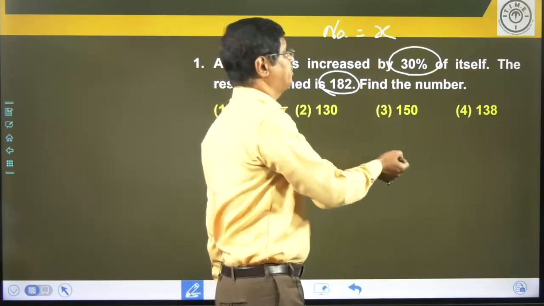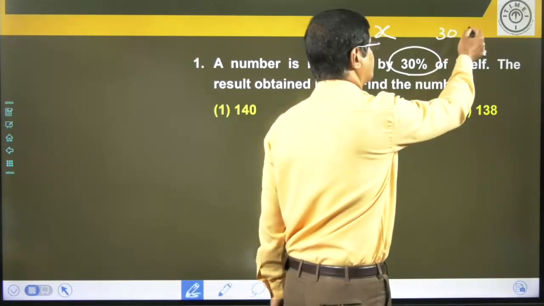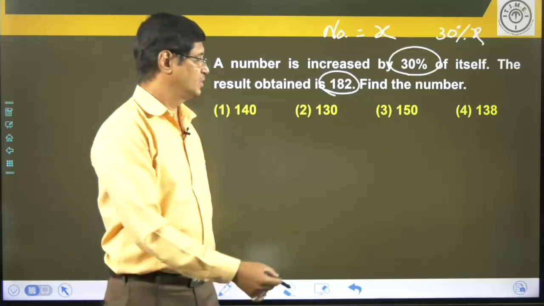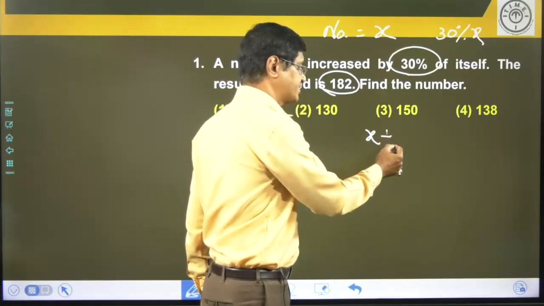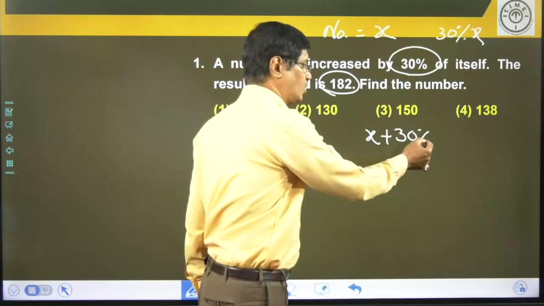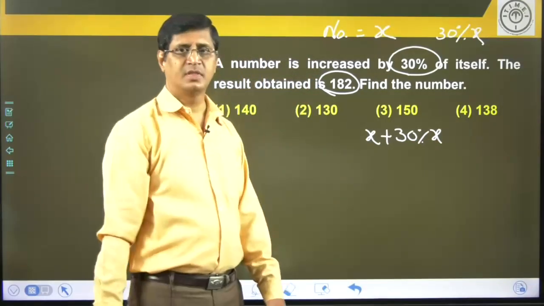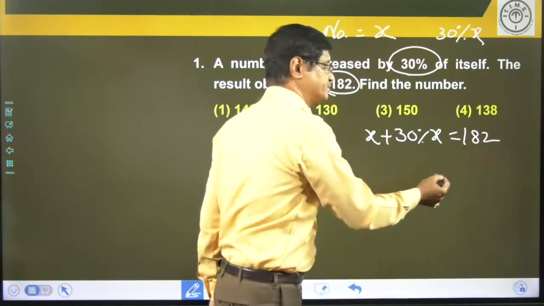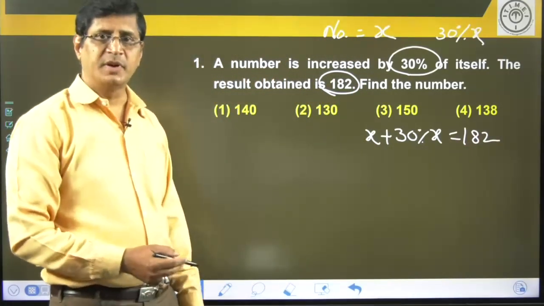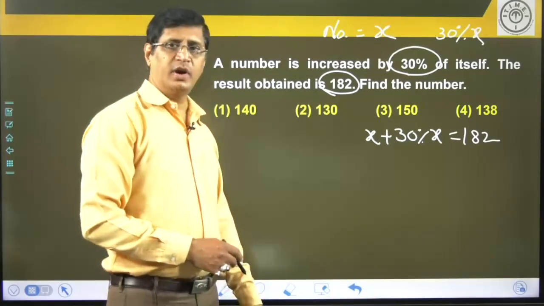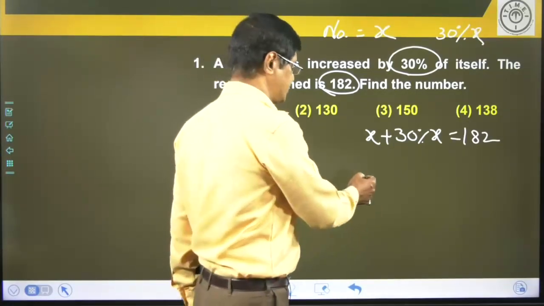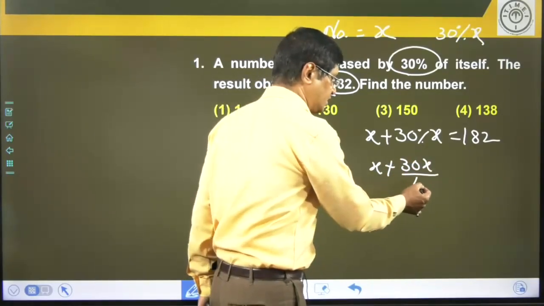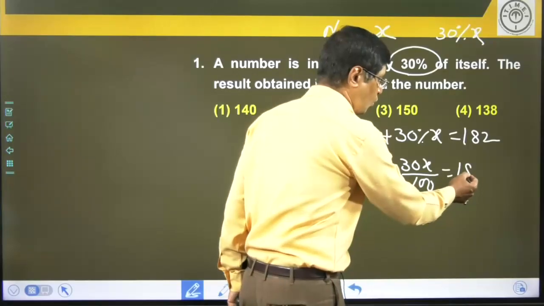Increased by 30% means 30% of x is added to x. So x plus 30% of x is the resultant, which is 182. Simplify: x plus 30x by 100 is equal to 182.